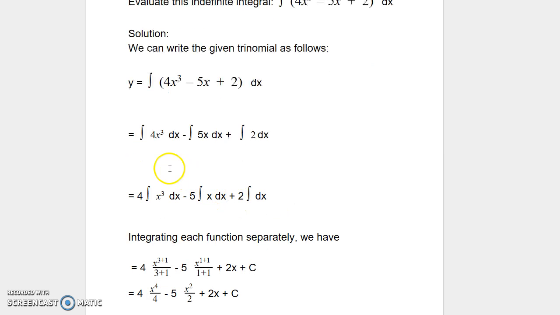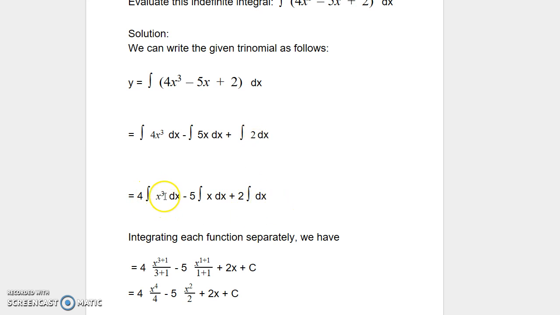Okay. Now, since we have some constants in this process, we're going to take the constants out of the integration symbol. We can write it as 4 integral x cubed dx. And then the next one is minus 5 is a constant, integral x dx, plus in here 2 is a constant, integral dx.